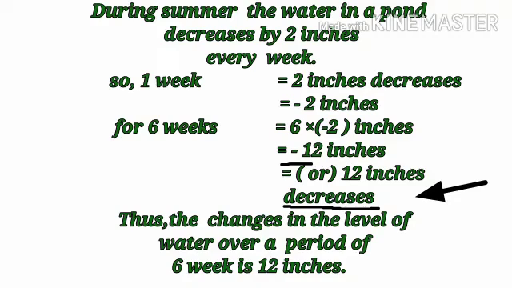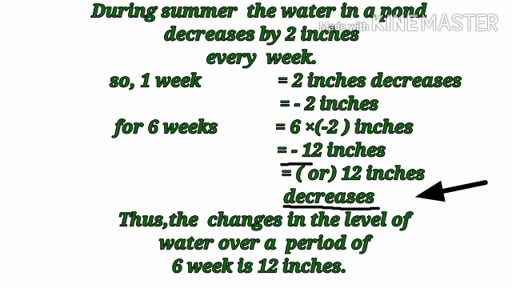Students, do you understand? Write down. During summer, the water in a pond decreases by 2 inches every week. So, for 1 week, there is a 2 inches decrease. For a decrease, it is represented as minus 2 inches. For 6 weeks, what will we do? We have to multiply 6 with minus 2 inches.